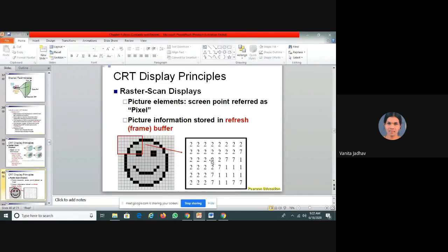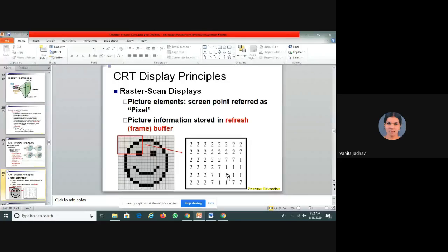So can you tell me the binary equivalent of these colors? 3 colors we have used, 1, 2 and 7. So what is the binary equivalent of 1? 0, 0, 1. Good.